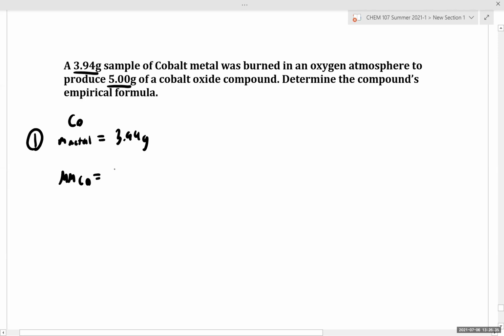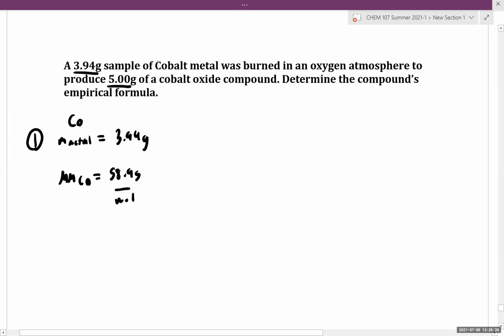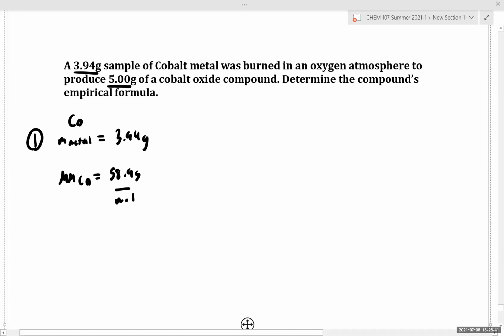58.9. Okay. Let's also consider what is the mass of our metal oxide. And because it's a transition metal, we don't know the formula of our metal oxide just yet. But what is the mass of metal oxide? Just reading through this problem. 5.0. Okay.